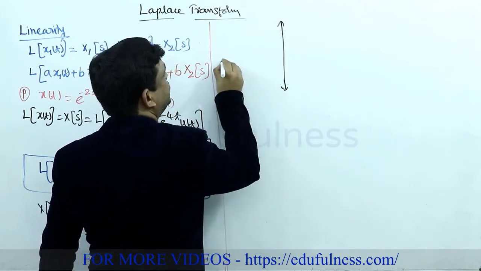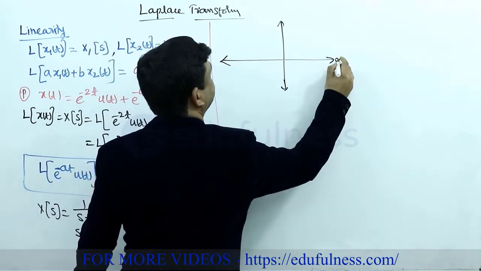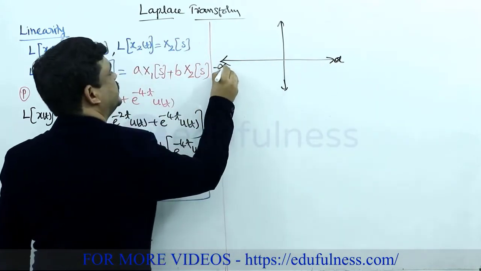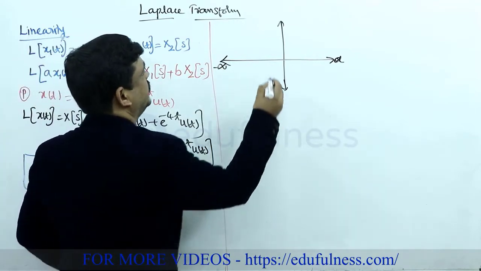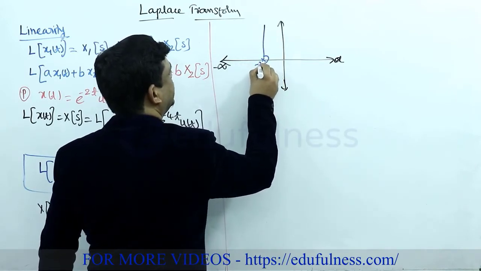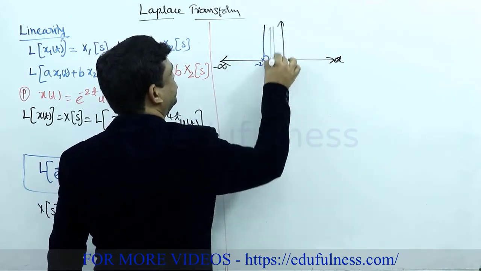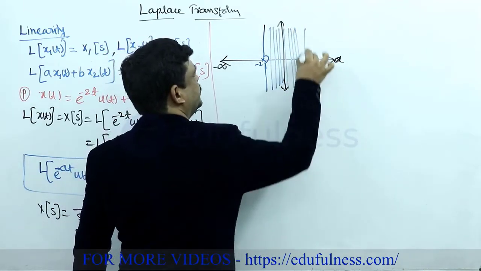This is the imaginary axis, this is the real axis, and this is the negative real axis, right? Individually I am drawing one ROC. One signal ROC is defined from minus 2 onwards, indicated like this, greater than minus 2. This explains one signal ROC.